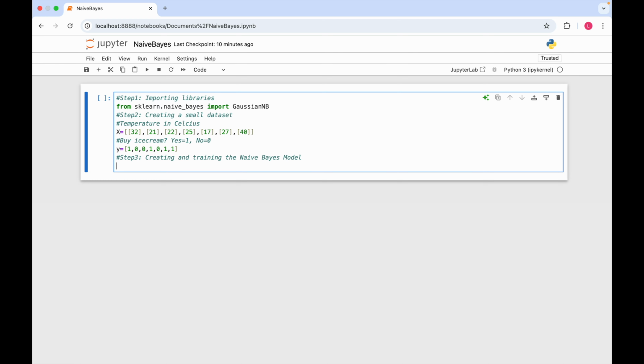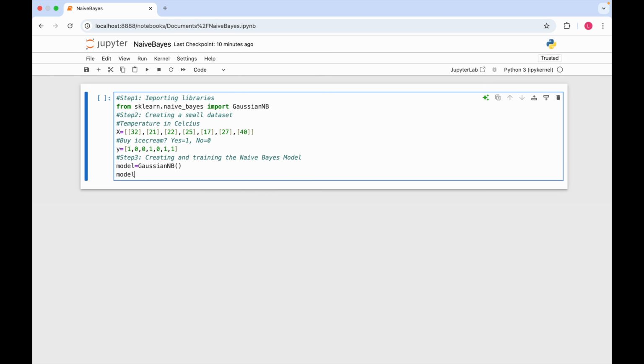Then we have model equals GaussianNB. So this creates the naive-Bayes model, and then the next step is model.fit(X, y). So this is for training. This will learn how temperature affects the buying behavior, or the relationship between temperature and buying ice cream.